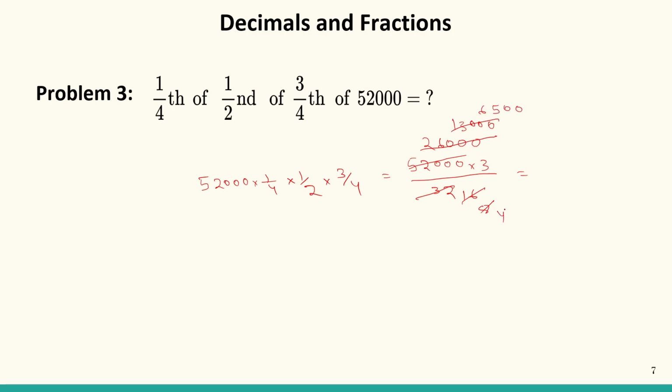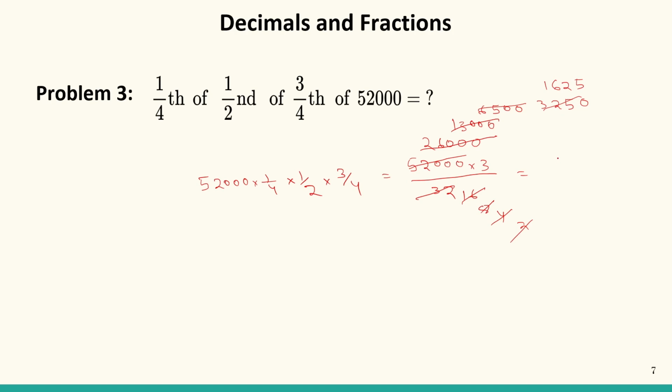And this becomes 4, and if we further divide it, we are left with 3,250, and here with 2. Then if we further divide it, we are left with 1625. This is what we are left with.